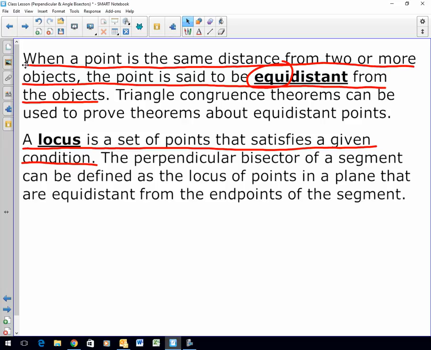Perpendicular bisectors are the locus of points in a plane that are equidistant from the endpoints of the segment. In definition form, it doesn't make sense. Just wait till you see it when we draw it out. Okay, put a little bit of flesh to that definition.